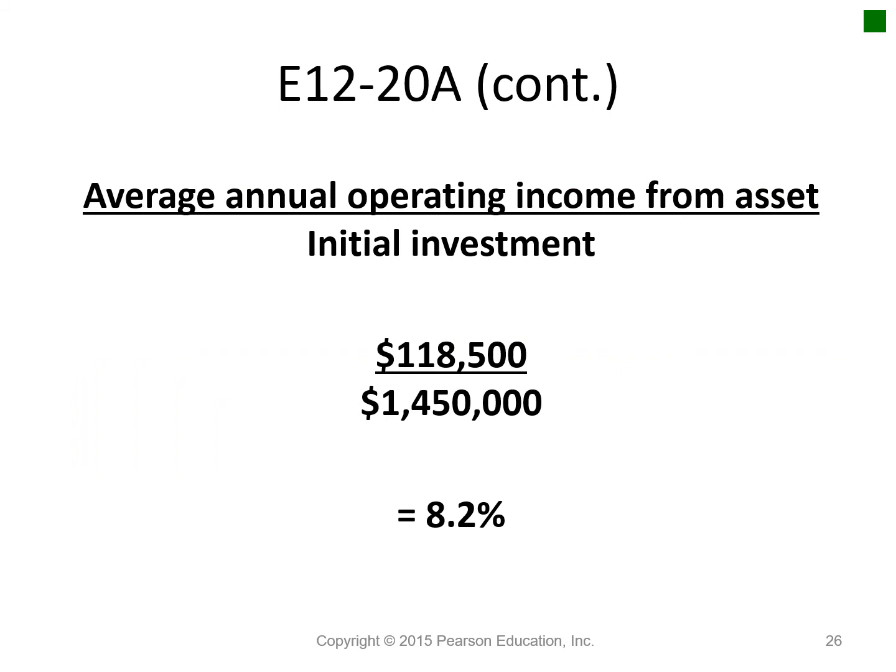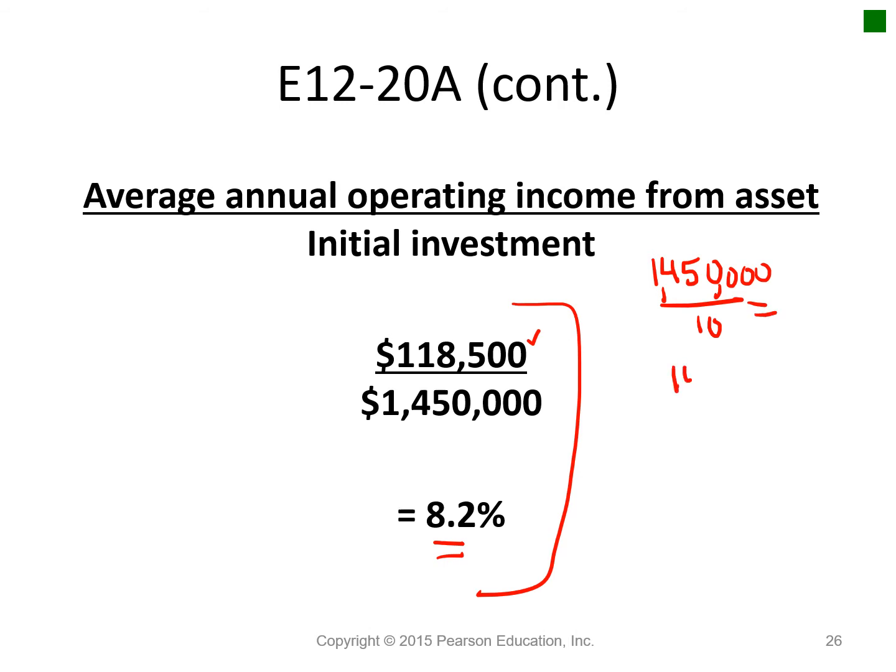So what you do then is you take that average number that we just showed you, divide by your initial investment, and you get your 8.2%. Now, the other way you could do it is if you go back and you've got depreciation. Your depreciation over the life of the asset was $1,450,000. If you divide that by 10, that's going to give you yearly depreciation of $145,000.